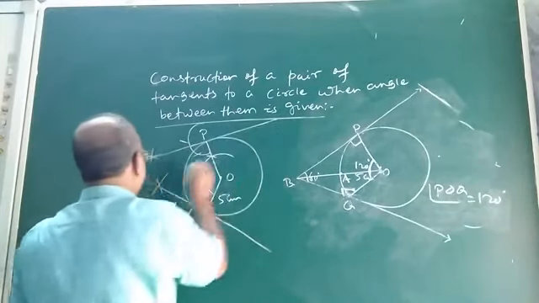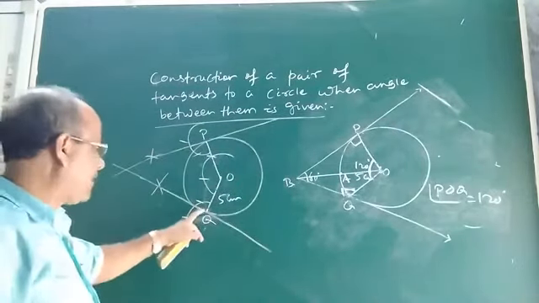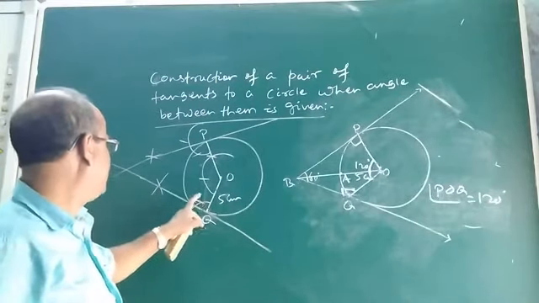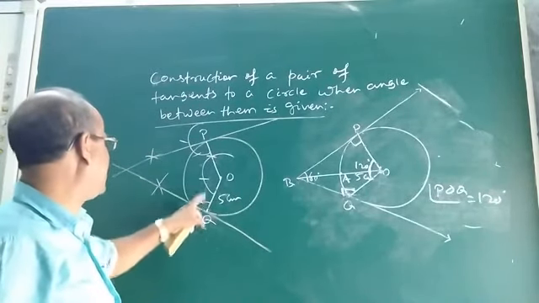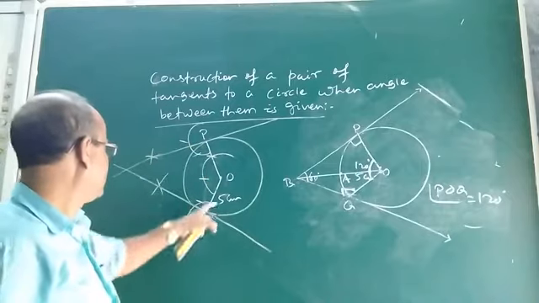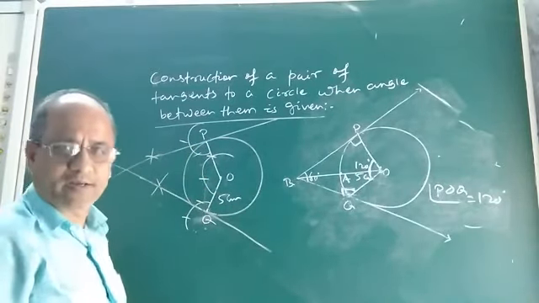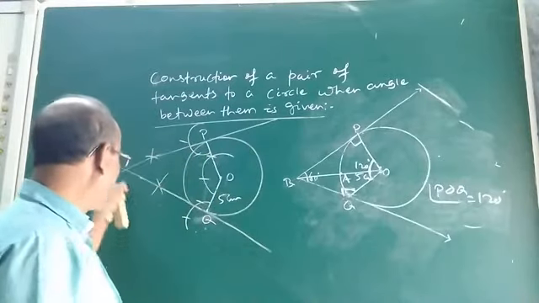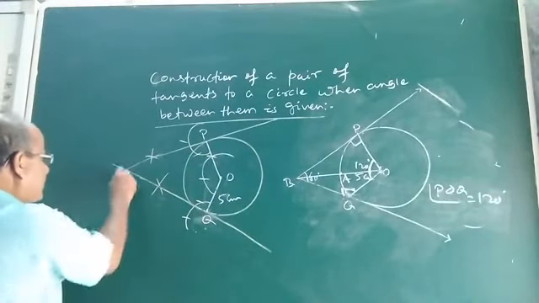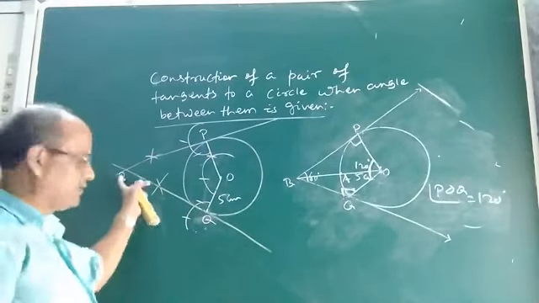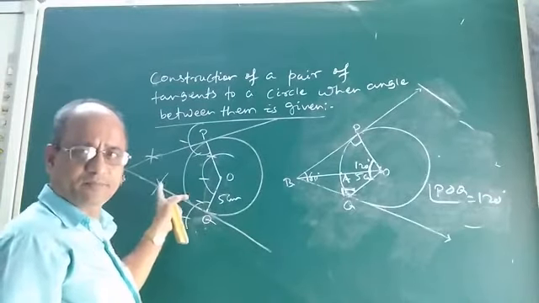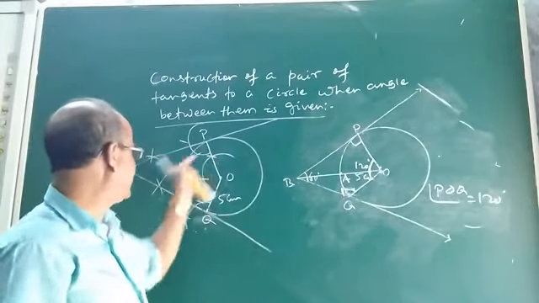Now look at what we found by constructing 90 degrees at Q and P. The two lines intersect at a point. Let the point of intersection of this line and this line be B.